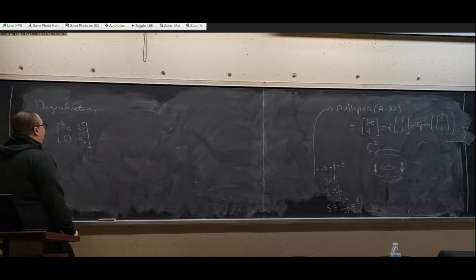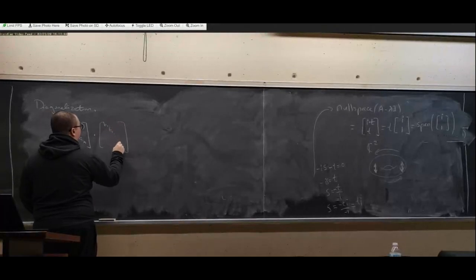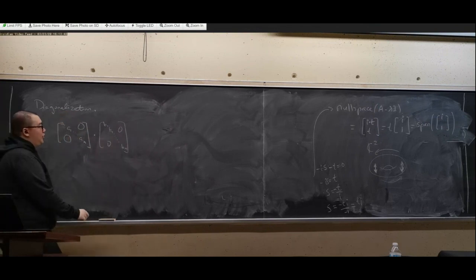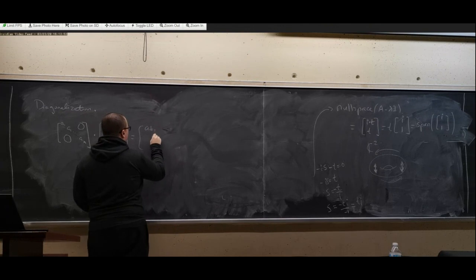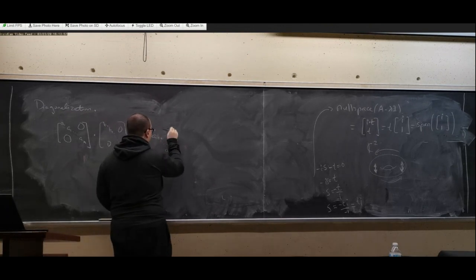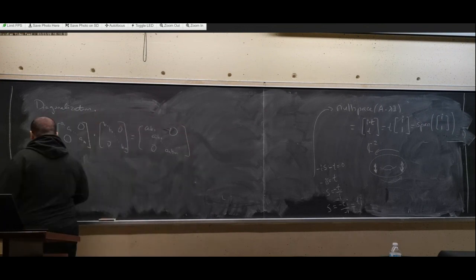Namely, if you multiply two matrices together, B1, B2, all the way to Bn with 0 elsewhere, you just multiply across. That's very useful.